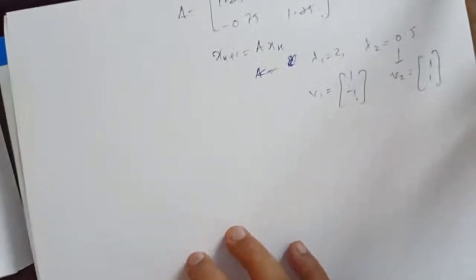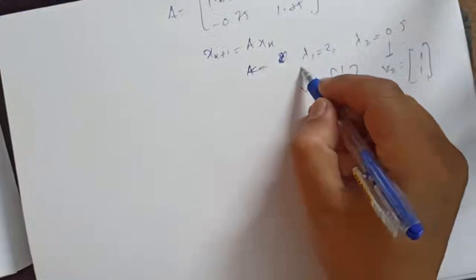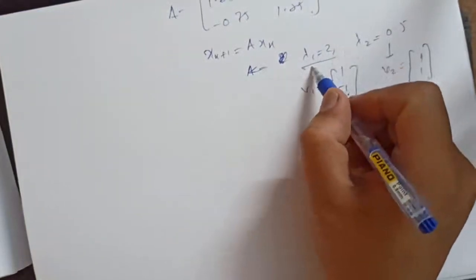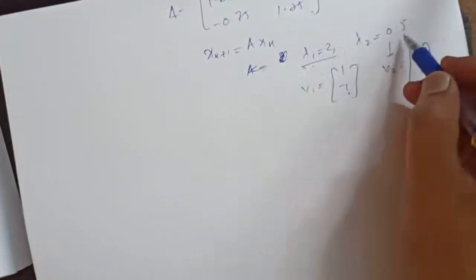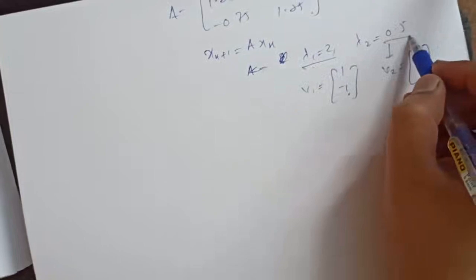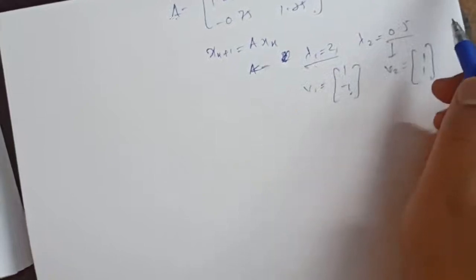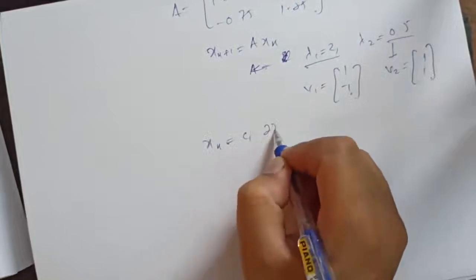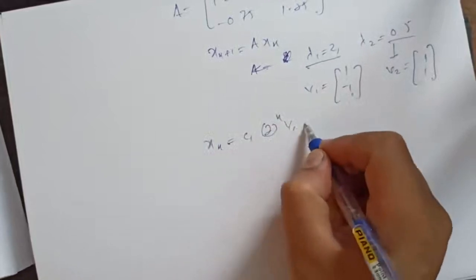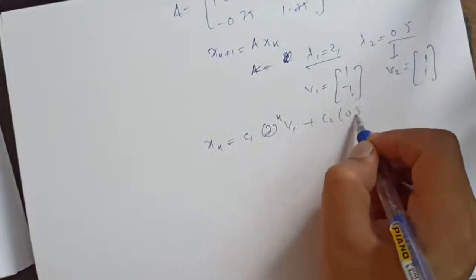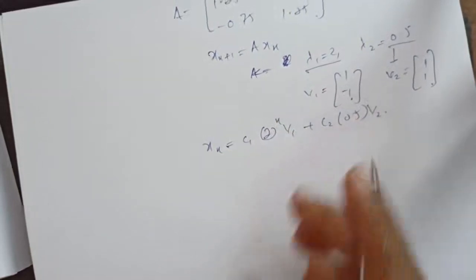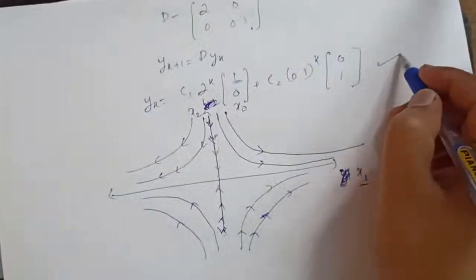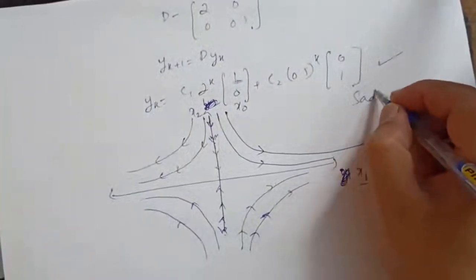Now since one of the eigenvalues is greater than 1 and the other eigenvalue is less than 1, the origin is a saddle point, where x of k is equal to c1 times 2 to the power k v1 plus c2 times 0.5 to the power k v2. We have already shown that this kind of system exhibits a saddle point.